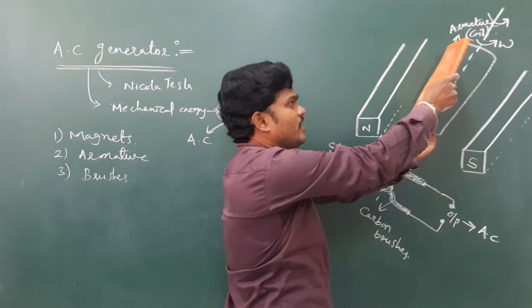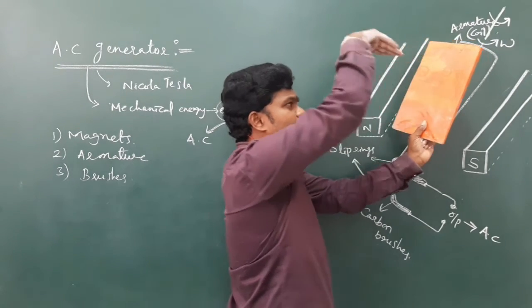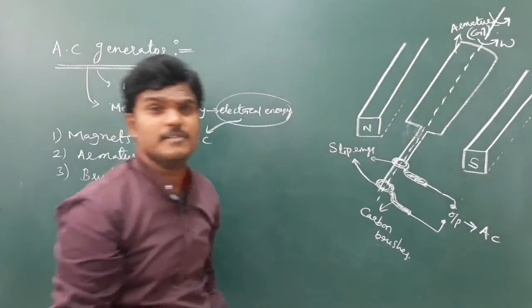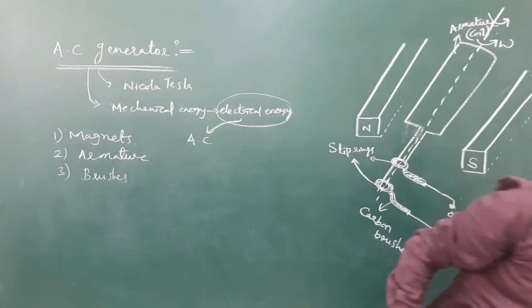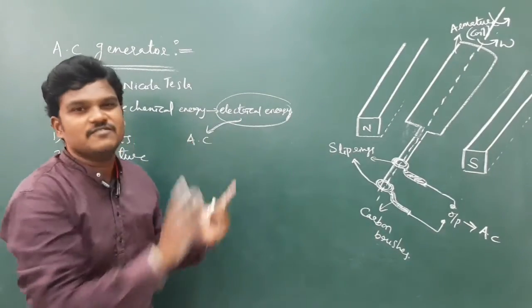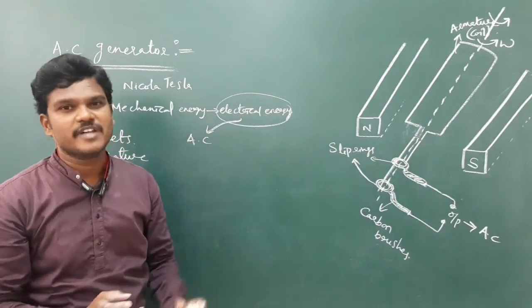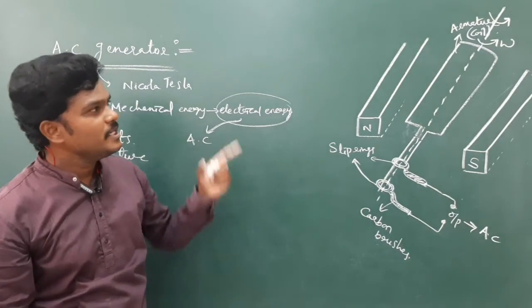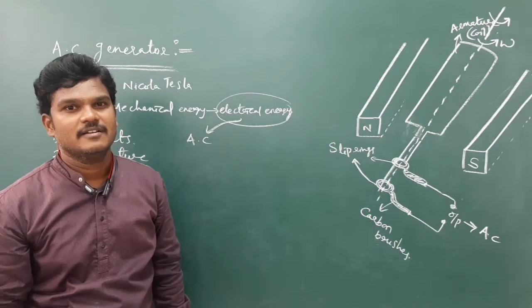If the coil rotates, then the angle between magnetic field and area changes. As the angle changes, the flux changes. So there will be a change in flux with respect to time. Due to this change in magnetic flux, EMF is induced in the coil.